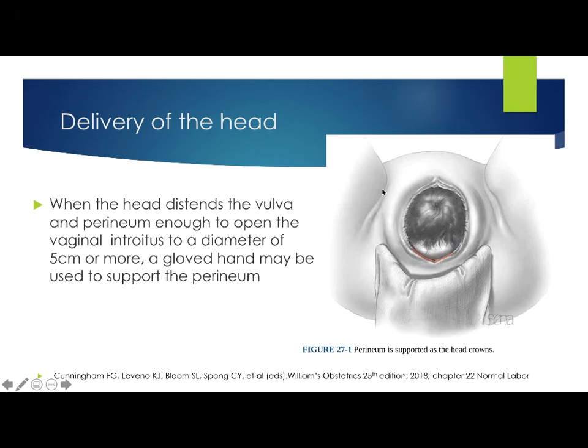Now when the head distends the vulva and the perineum enough to open the vaginal introitus to a diameter of at least 5 centimeters, you use a gloved hand to support the perineum, such as in this picture that you see here in this slide.